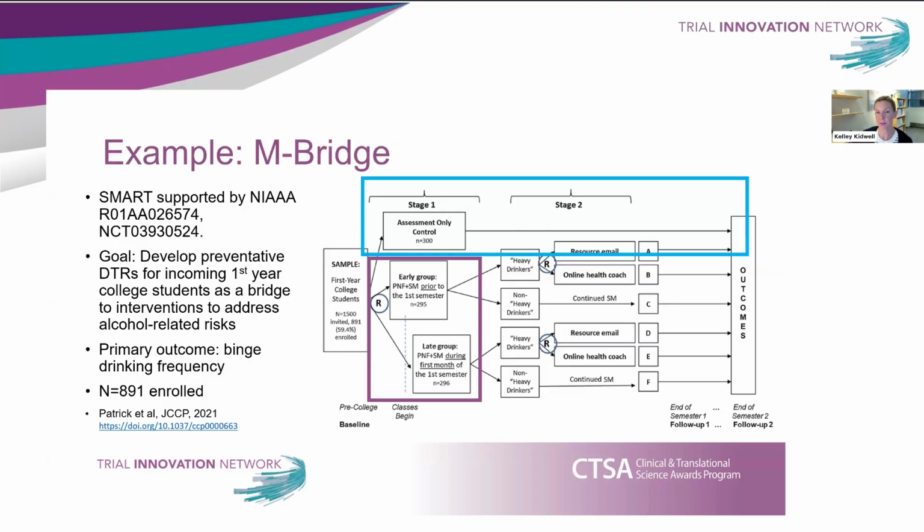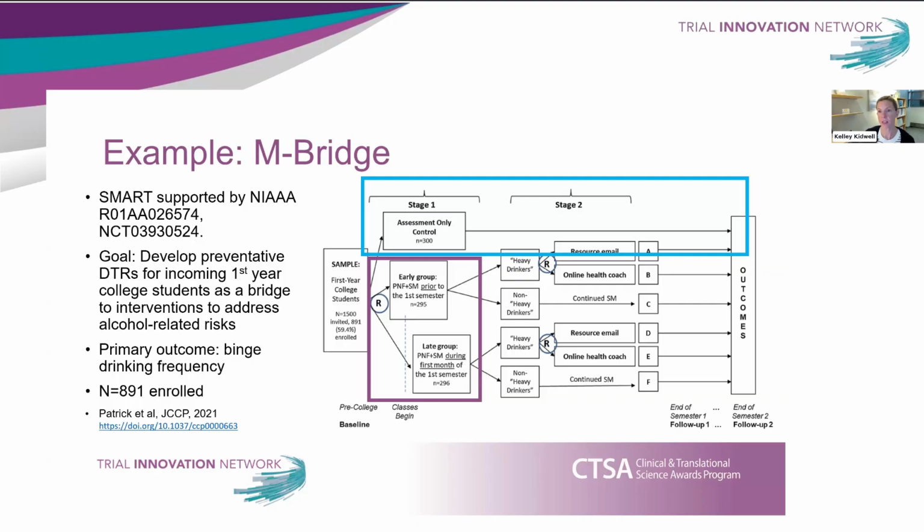What's again interesting about this SMART is the initial treatment actually doesn't differ. Their randomization is to whether they assess the effectiveness of that initial treatment, the personalized notification, prior to the first semester or during the first month of that first semester. So this is another really cool thing about SMARTs: you don't have to have multiple intervention types, or that might not be the question of interest.